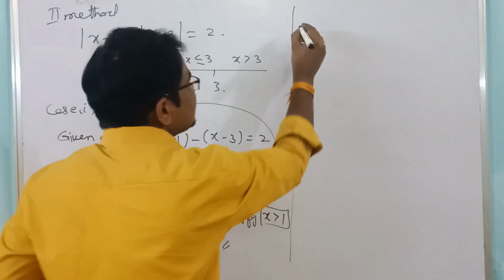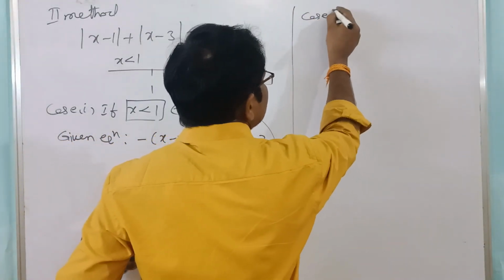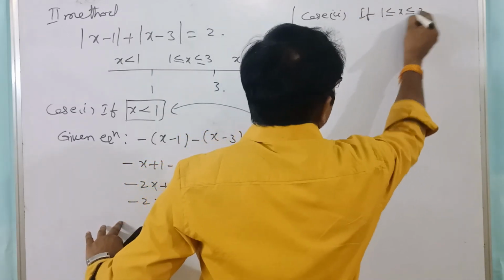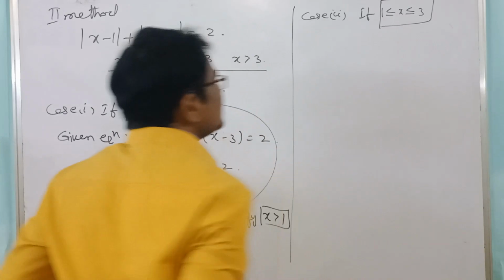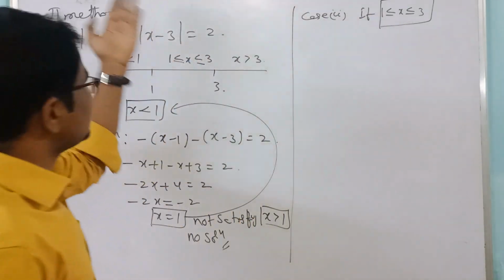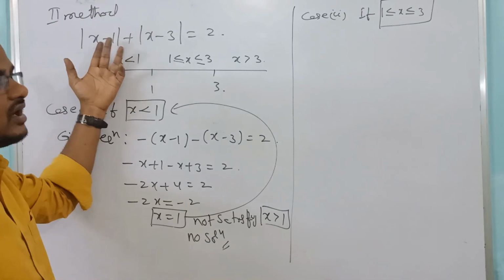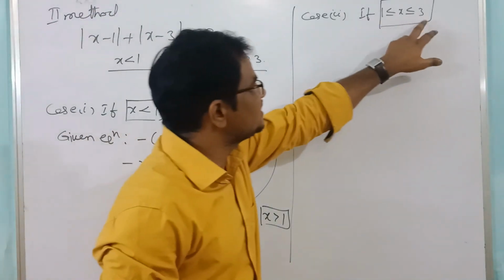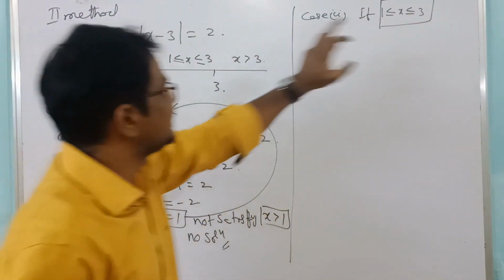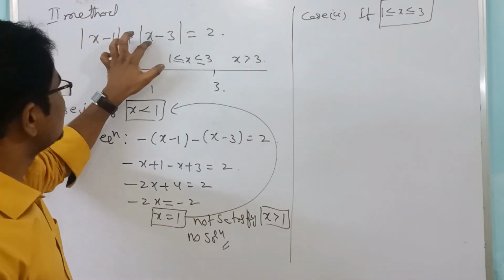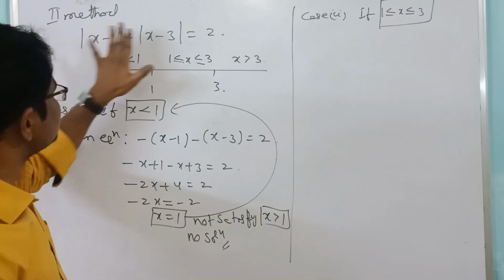Now come to the second case, 1 ≤ x ≤ 3. In this case, we have to observe the behavior of this equation by substituting one value in between, that is x = 2. 2 − 1 is positive, 2 − 3 is negative.